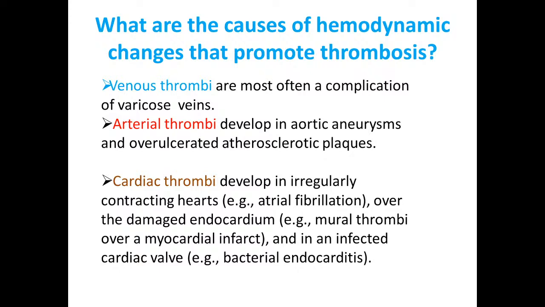What are causes of hemodynamic changes that promote thrombosis? Venous thrombi are most often a complication of varicose veins. Arterial thrombi develop in aortic aneurysm and over ulcerated atherosclerotic plaques.